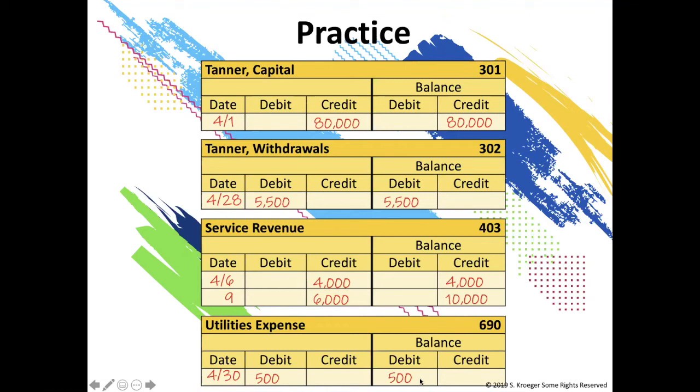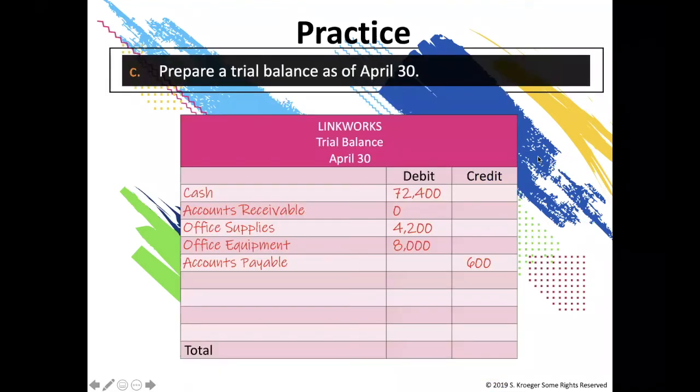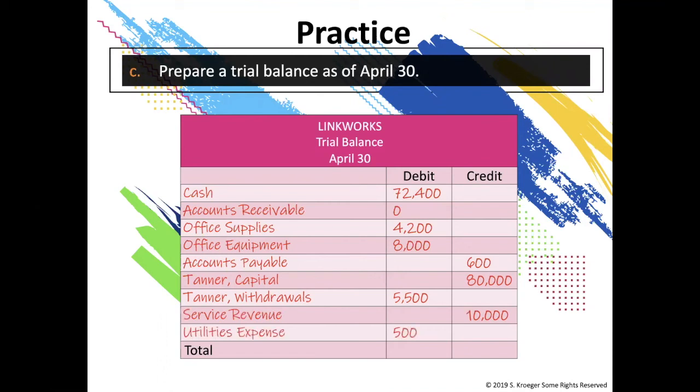Let's put these four accounts in now. First, we have Tanner Capital with an $80,000 credit. Next, we have the Tanner withdrawals for $5,500 on the debit side. And lastly, we have our revenues and our expenses. Service revenue with a $10,000 credit, and our utilities expense with a $500 debit.